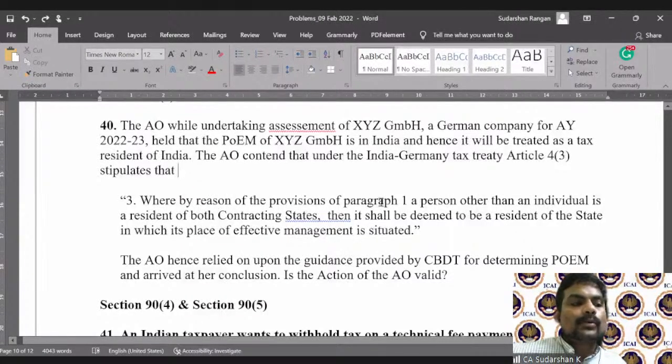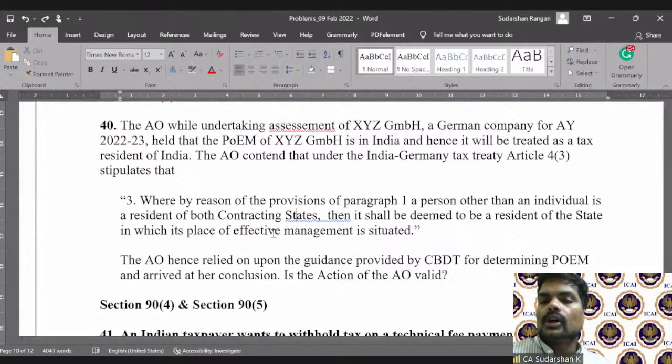where by reason of provisions of paragraph 1, a person other than an individual is a resident of both contracting states. Let's say in Germany, tax residency is determined by incorporation. In India, we all know tax residency can be invoked if the place of effective management is in India. So a company can be a tax resident in Germany, and a company can also be a tax resident in India. This is also common for individuals.